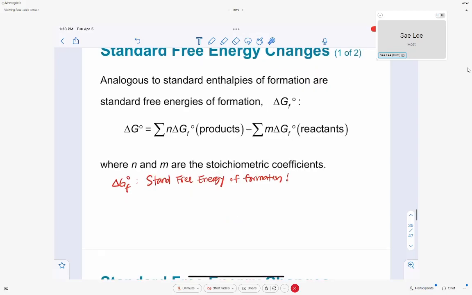So the standard Gibbs free energy change for a reaction equals the sum of the free energies of the products minus the sum of the free energies of the reactants. Don't forget to multiply by the stoichiometric coefficients of products and reactants.